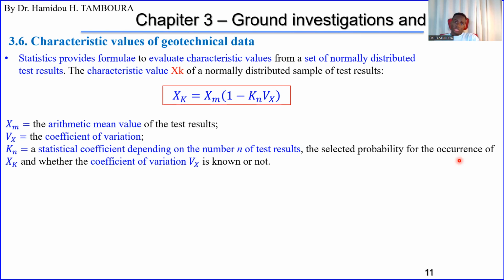So this coefficient Kn will depend on the number of test results, on the probability for the selected characteristic value to occur on this site, and also on whether the coefficient of variation, this Vx, is known or not.